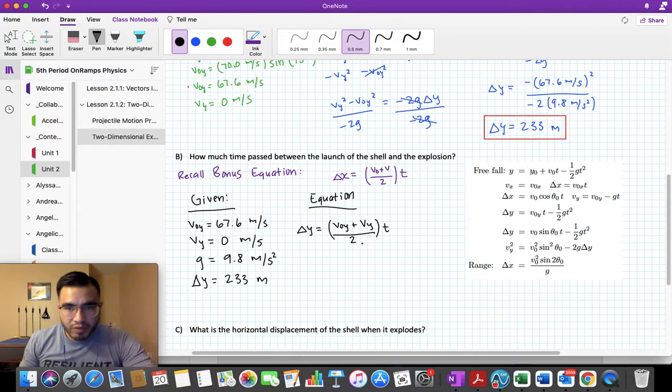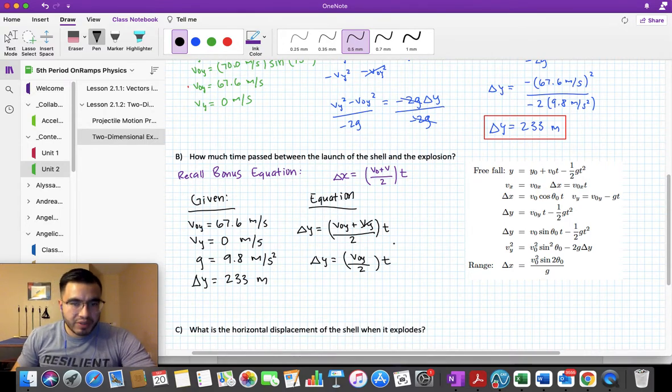Again, we could use a combination of these equations, but this is the easier one because, first of all, this is 0. Since this is 0, delta y is simply v naught y divided by 2 multiplied by time.